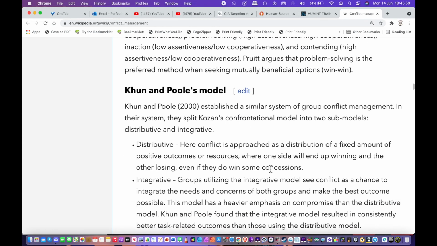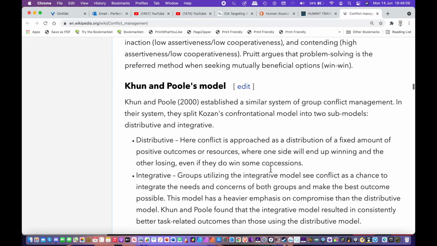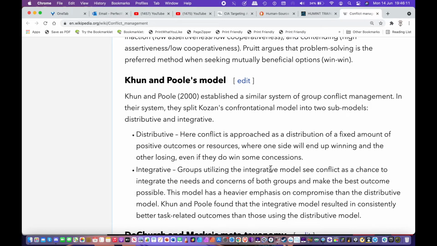Okay, Kuhn and Paul model. Kuhn and Paul 2000 established a similar system of group conflict management. They split Kozan's confrontational model into two sub-models: distributive and integrative.